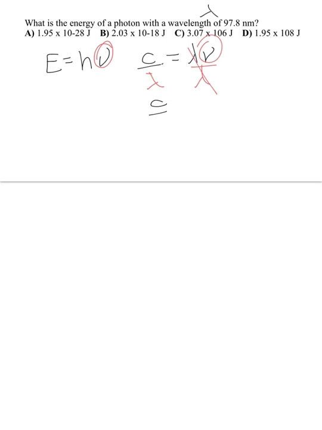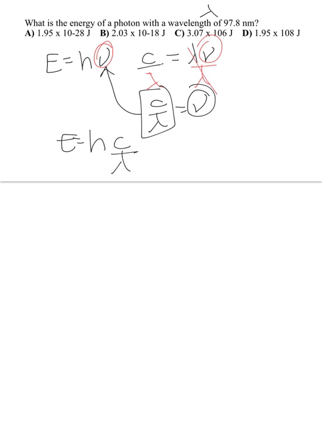And then you can rewrite it as nu equals c over lambda, and then you put this in for nu, so it's E equals hc over lambda. Now, the nice thing is you have two constants there that are given to you on the periodic table. You don't have to memorize them.